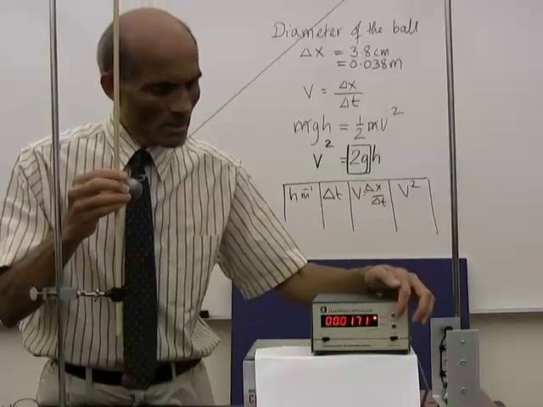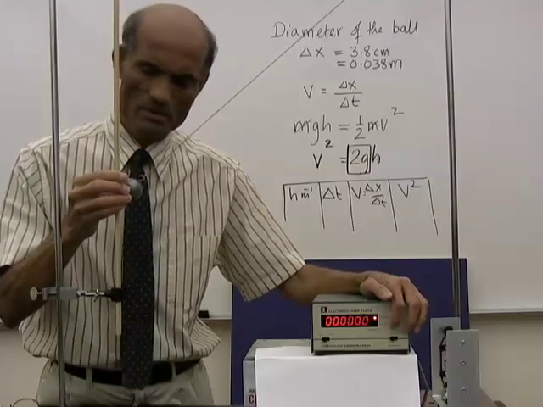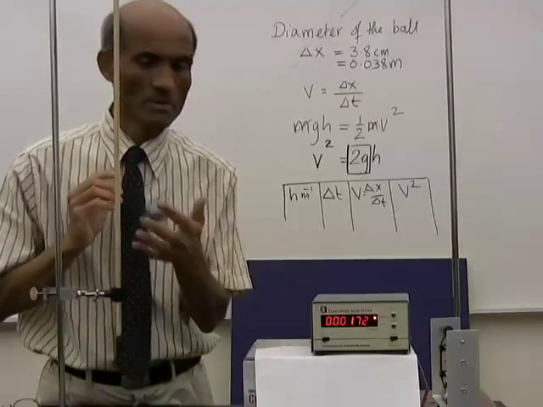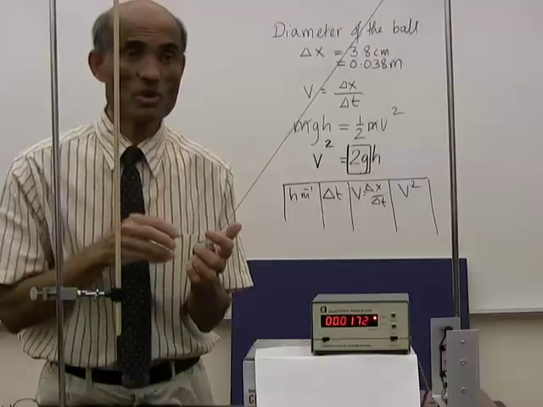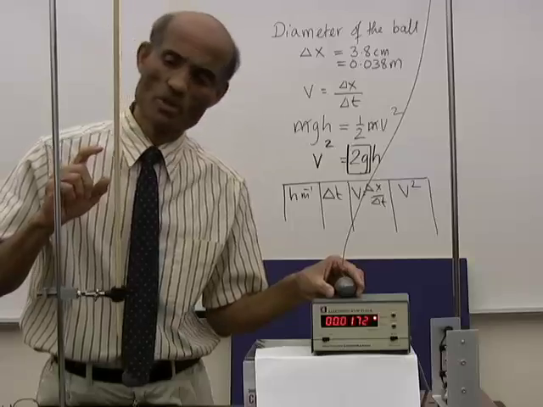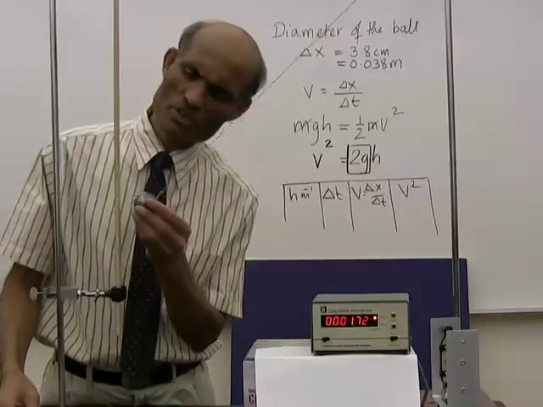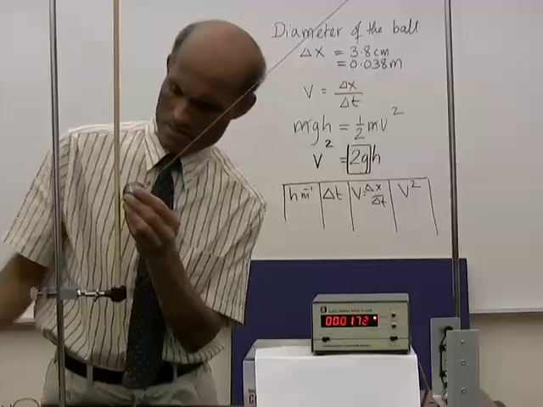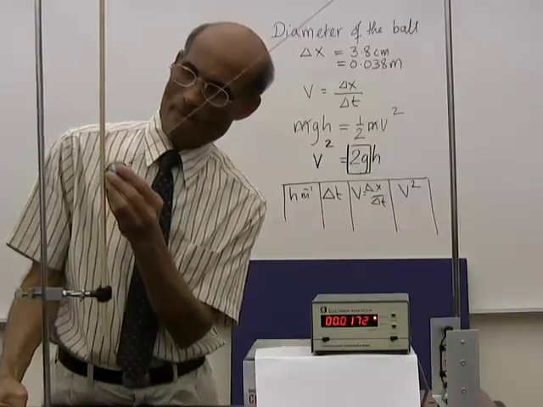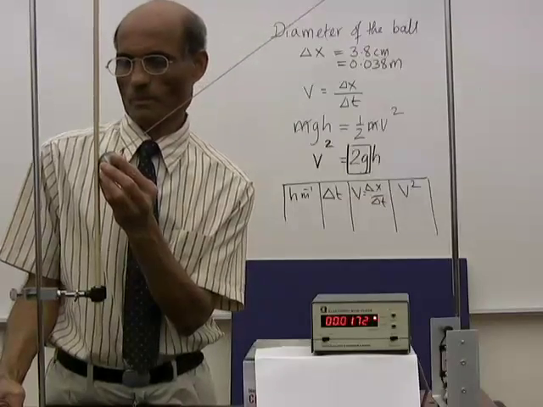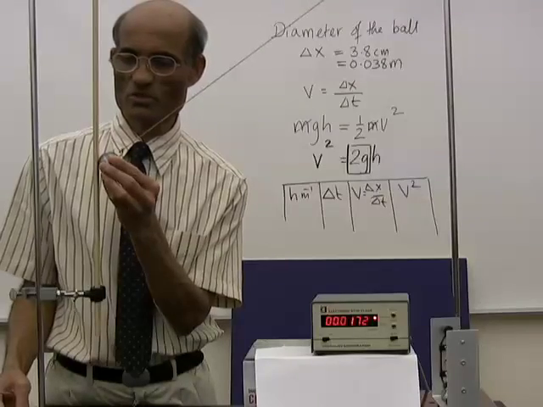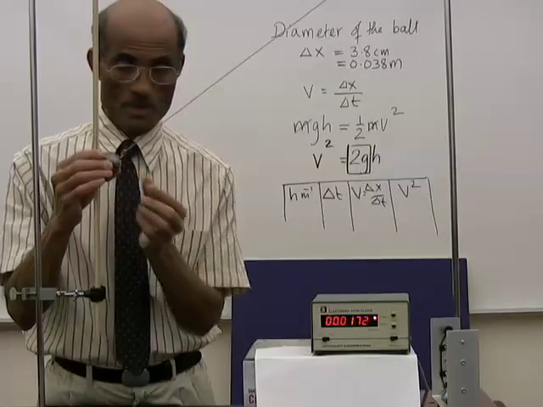All right, reset it. The third trial, go. That's again 0.0172. We got 3 trials for that H value. Now let's increase the H one more time. All right, I have now increased the H value and I'm ready.